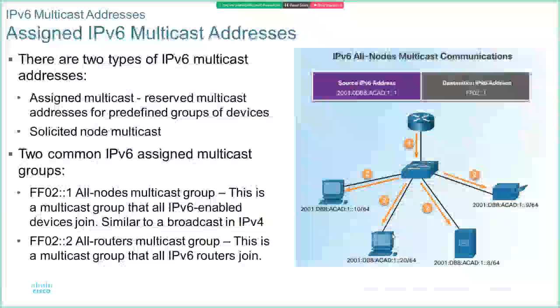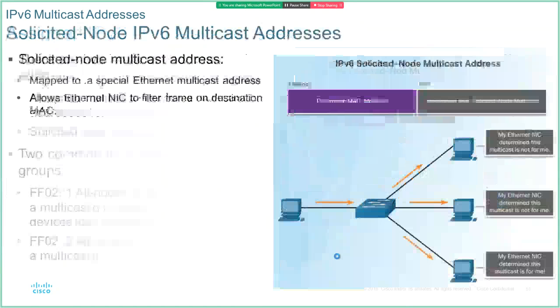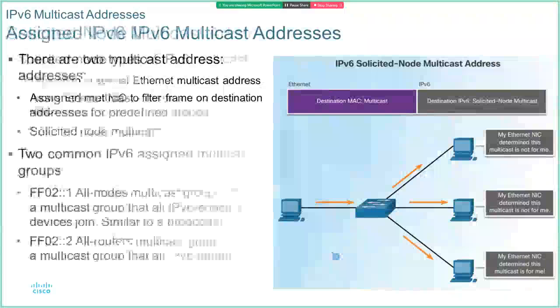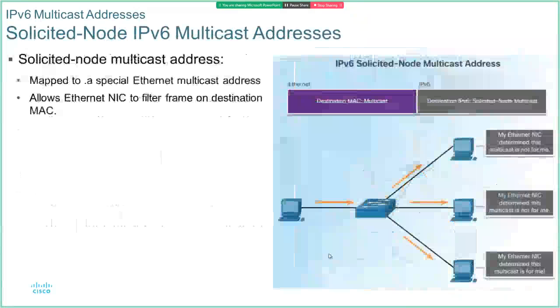So all routers by default will join this one to listen to routing updates from other routers straight away. And the ::1 is similar to the broadcast address. So we can still send messages to every device using a multicast address.